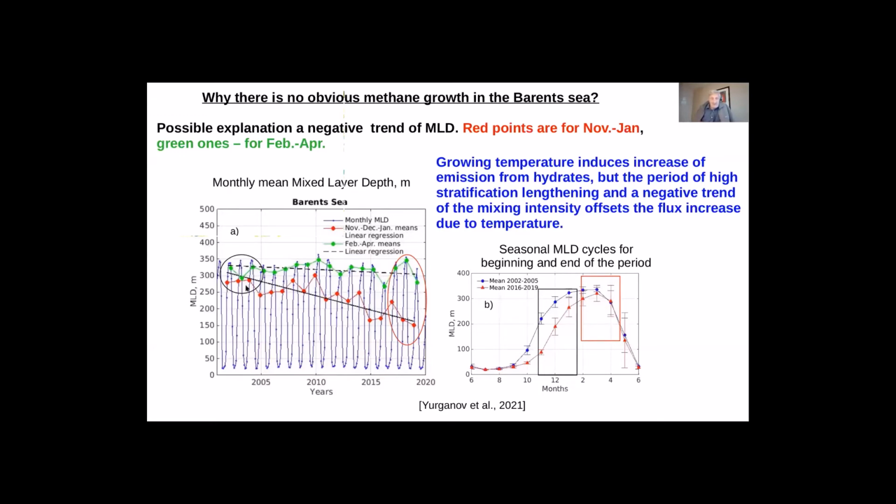So low MLD means low mixing, and this is not observed during the winter maximum of MLD.